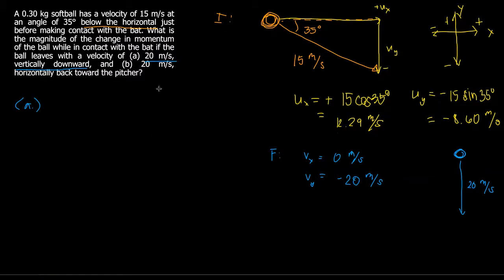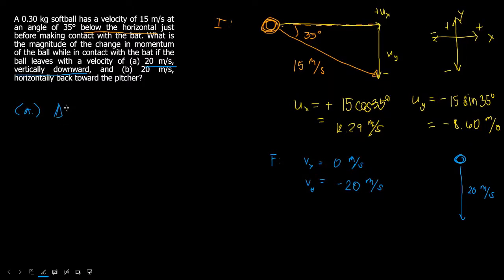Okay. So to find the change in momentum, we should first find the change in velocities for both x and y components. So ang change in velocity sa x-axis, that is v sub x minus u sub x. So that's equal to ano yung v sub x natin, that's 0, minus ano yung u sub x, that is 12.29.